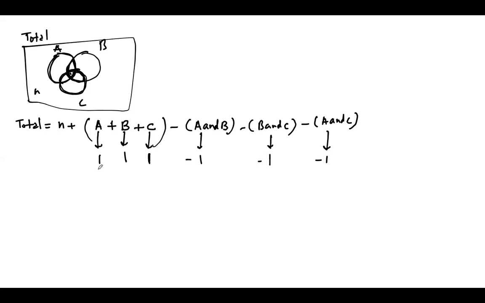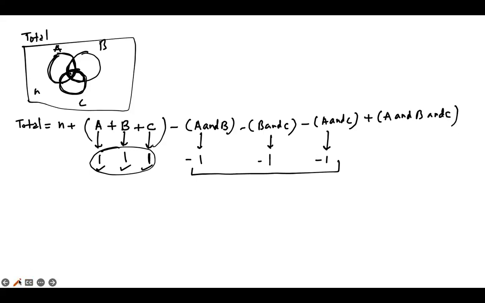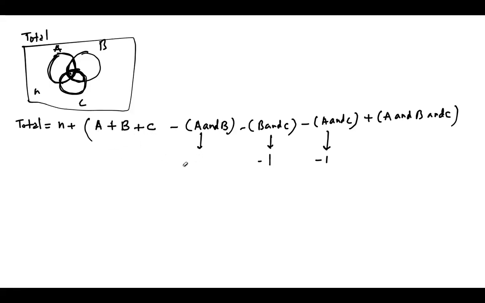So I've included this region thrice, and I've also subtracted this region thrice. So I have to include this region, hence I'm writing plus A and B and C. If you remember this explanation, you won't have to ever remember this formula. You can just write it with sheer logic. Is the logic clear? Sean, is the logic clear?